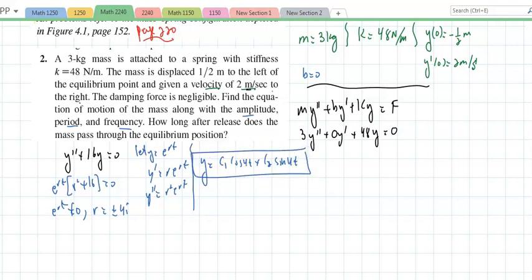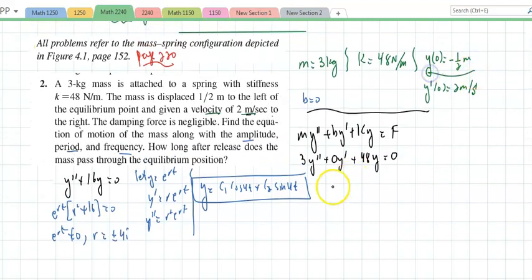Now, if I take y of 0, y of 0 is c1, and that's negative 1/2, there it is. And if I take y prime, that would be negative 4 c sub 1 sine of 4t plus 4c sub 2 cosine of 4t.